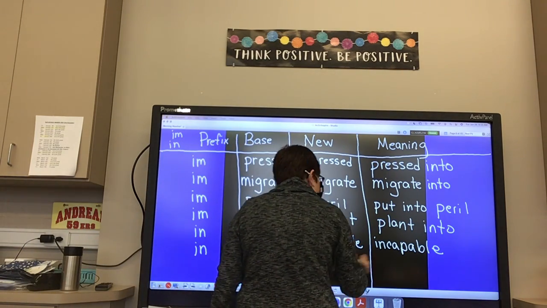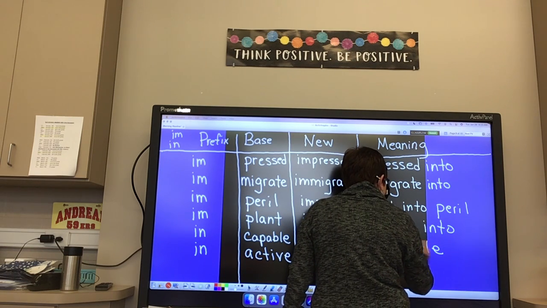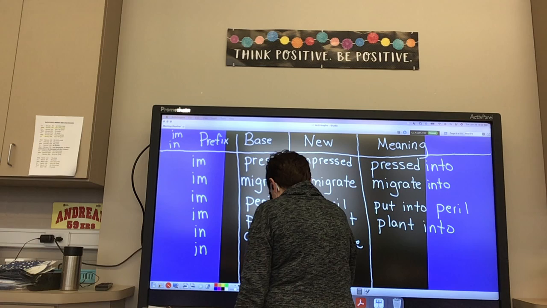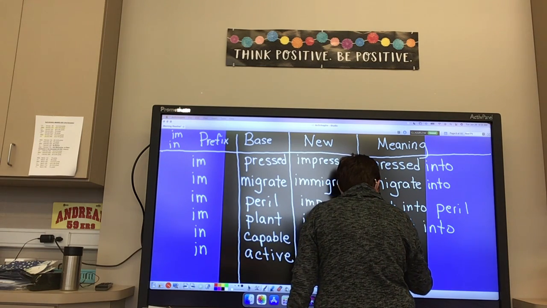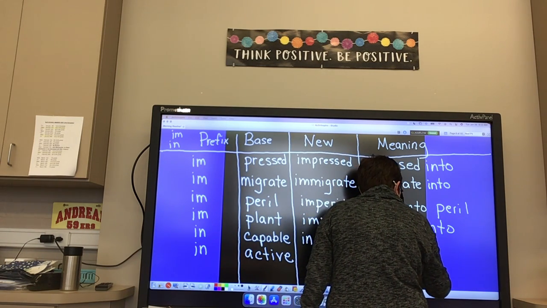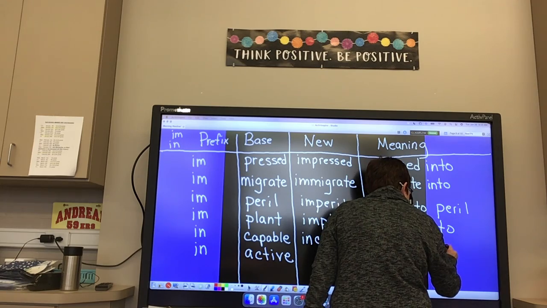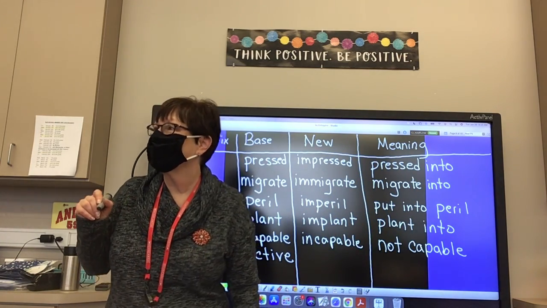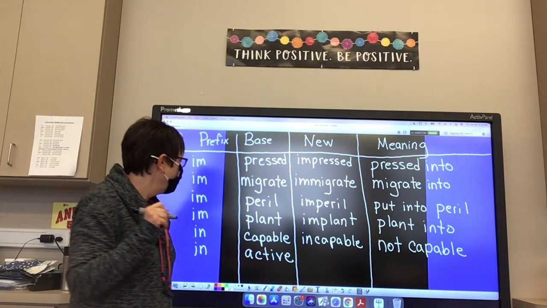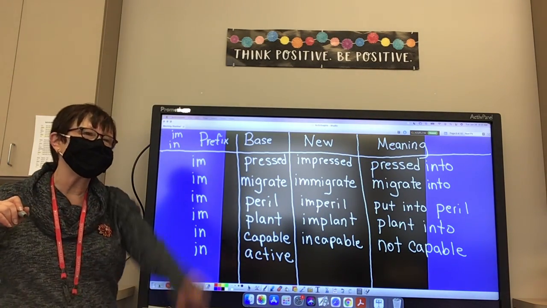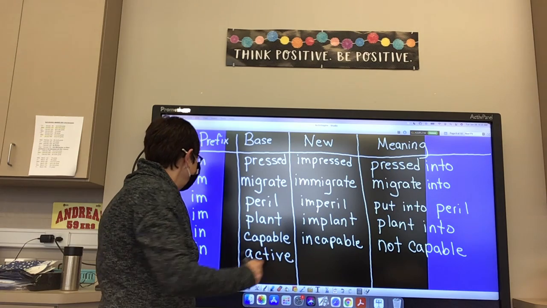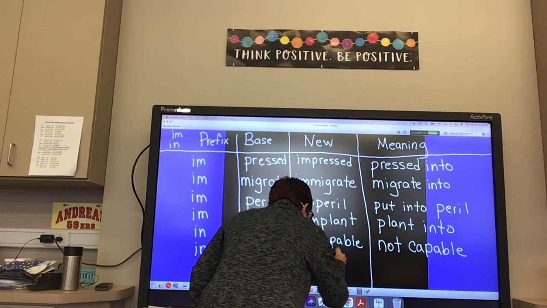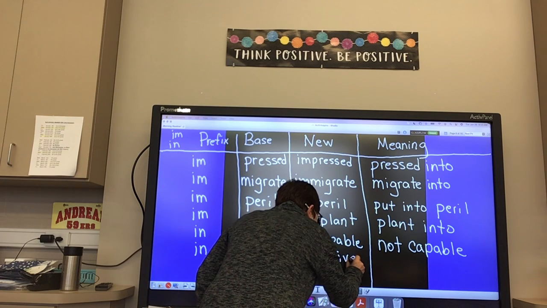Yeah, that's weird. Okay, not capable. Sorry, not capable. Everybody fix that. Did everybody write not capable? Yeah. Oh, good job. In plus active is what, Mikey? Inactive. And what does inactive mean? Not active.